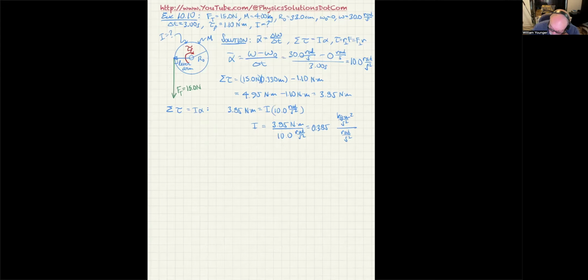And you see that this second squared down here is going to cancel out with that second squared up there, because when you divide by a fraction, you multiply by its reciprocal. That reciprocal will be second squared over radians, and you're left with just kilograms meters squared, and that's the actual units that we expect for the moment of inertia. So the moment of inertia is 0.385 kilograms meters squared, and that's our answer.